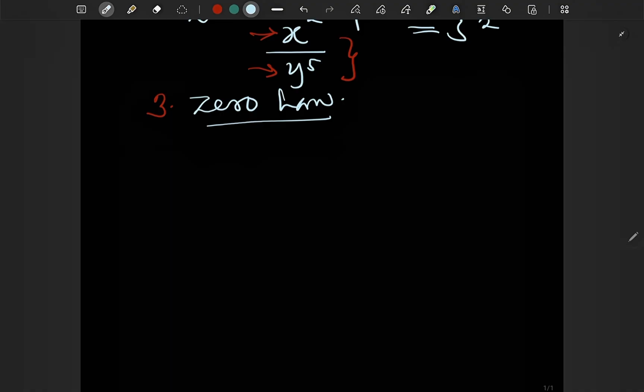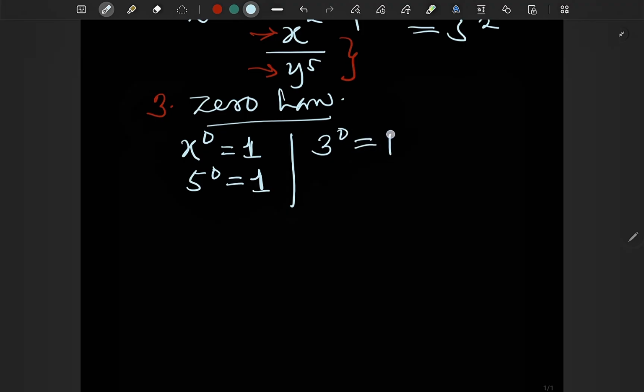And the zero law says that anything raised to power 0 is 1. x raised to power 0 is 1. 5 raised to power 0 is 1. 3 raised to power 0 is 1. 5,000 raised to power 0 is 1.